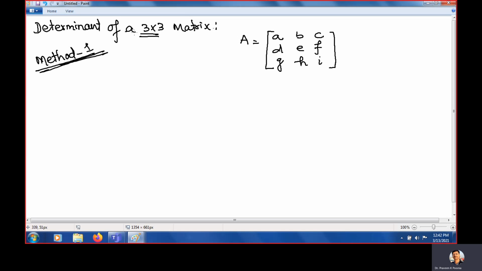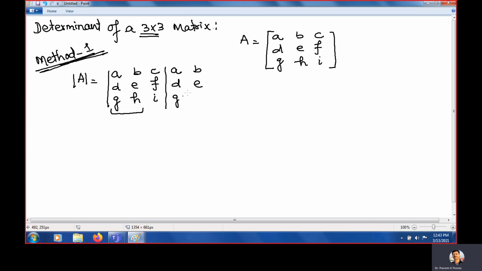How to calculate the determinant of A? We need to calculate the determinant of A. So write determinant of A is equal to determinant A, B, C, D, E, F, G, H, I. Now you need to write these two columns again, same to same: A, D, G and B, E, H. After writing this, mark the diagonals.